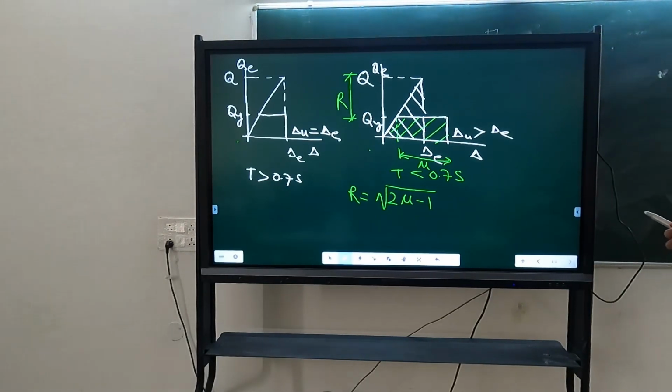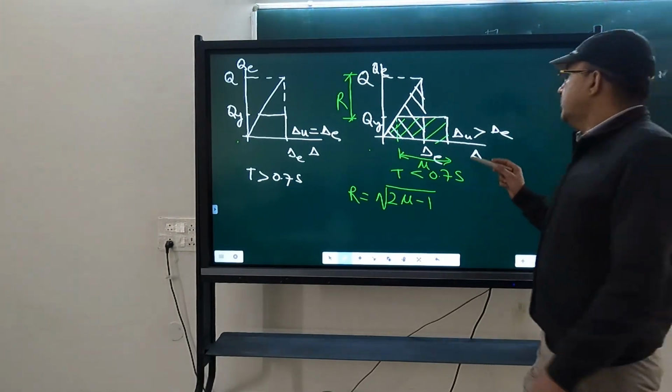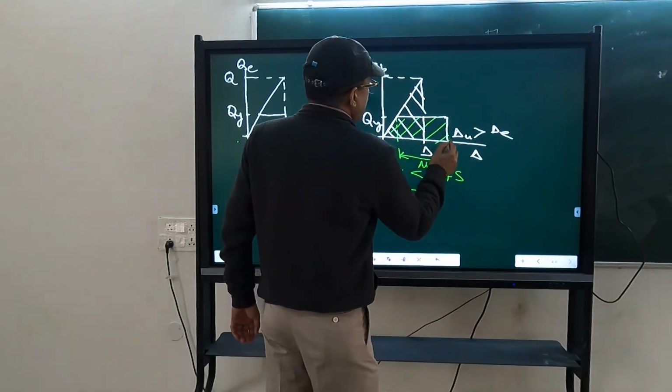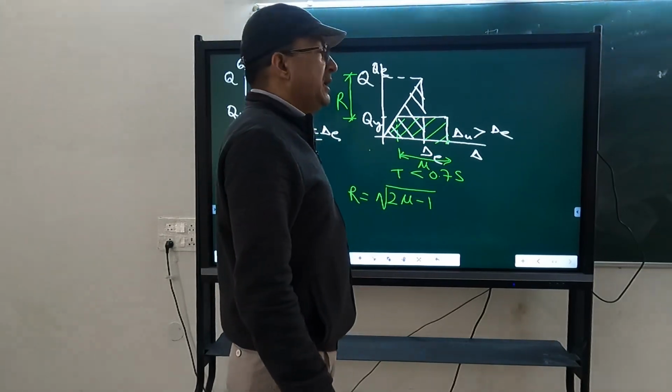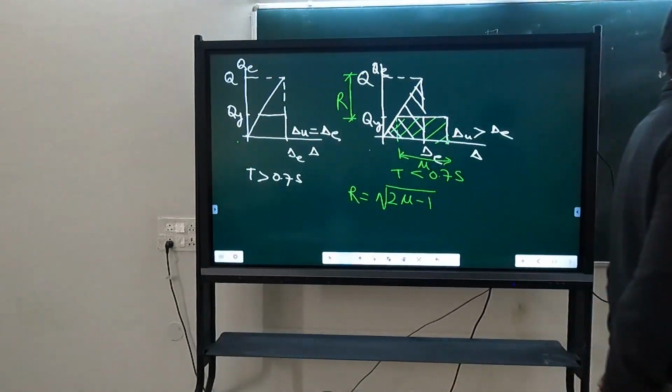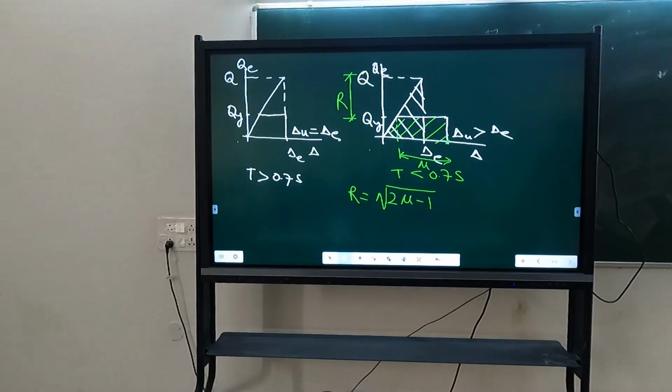It's a revision of that. Now using this, can you tell me if this is delta E, how much is this delta U in terms of delta E? 2.5 times delta E? How? You have calculated mu. Delta by delta E is not mu.